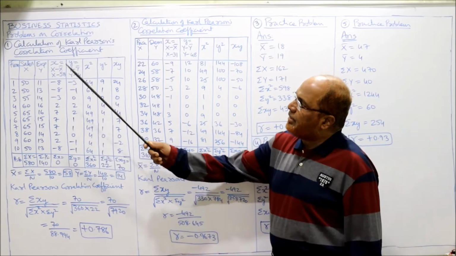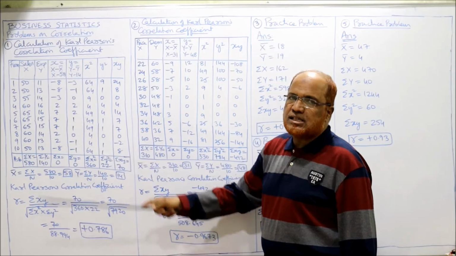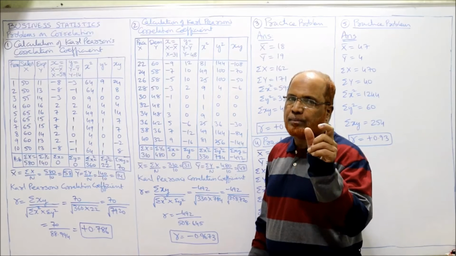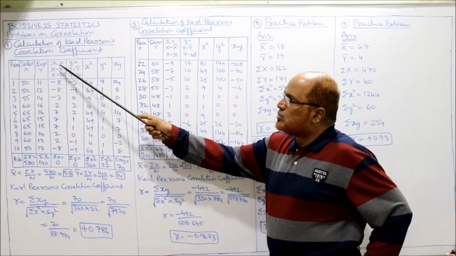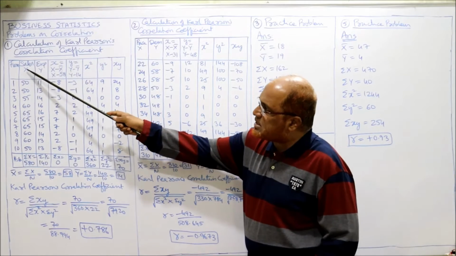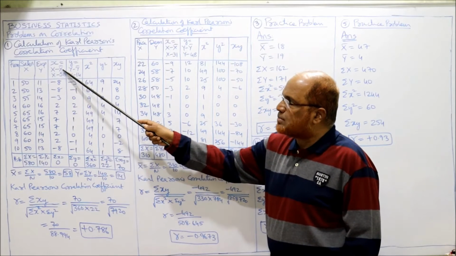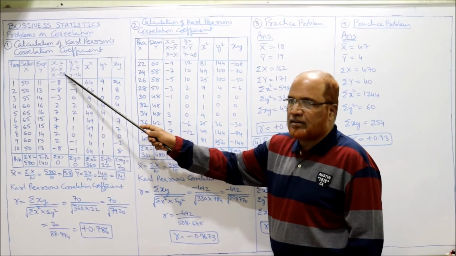So for that we open the next column, small x. Small x denotes that deviations are taken from the actual mean: small x and small y. So small x is equal to capital X minus X bar. Capital X are the sales values and X bar is the average, 58. So X minus 58.